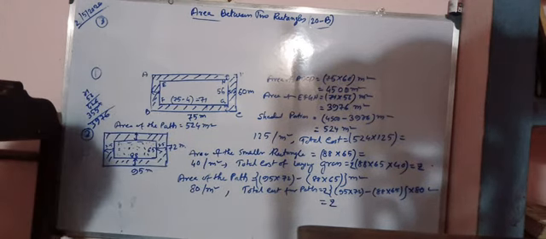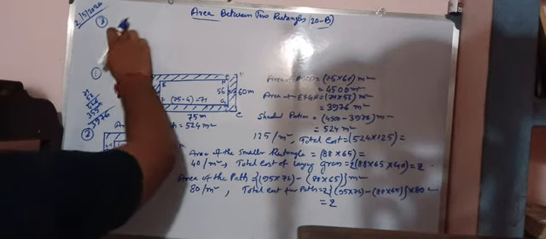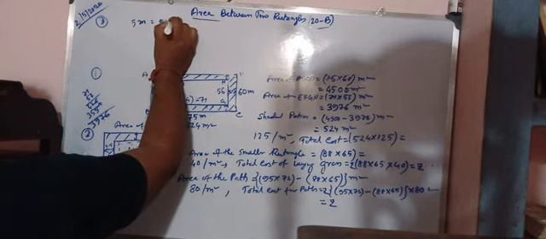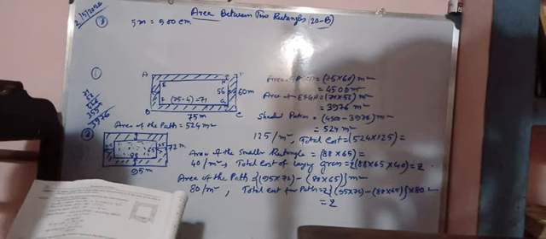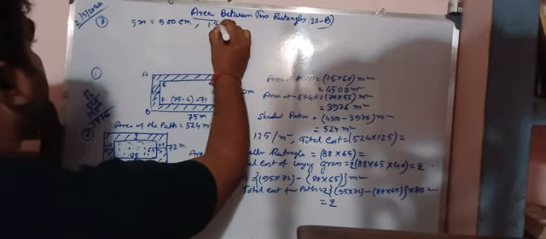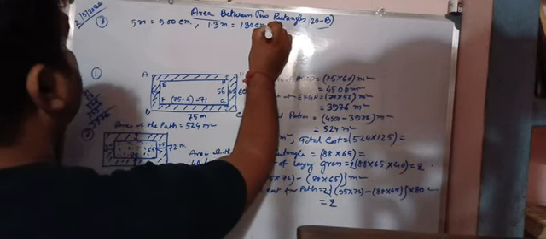Here 5 meter long means 500 centimeter, and 1.3 meter wide means 130 centimeter wide.